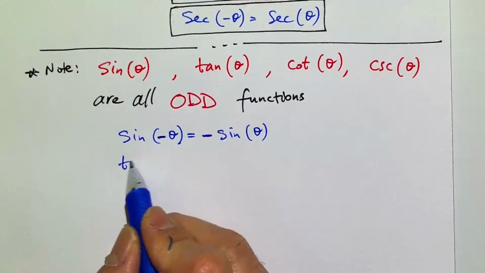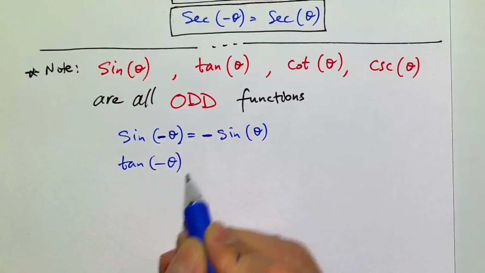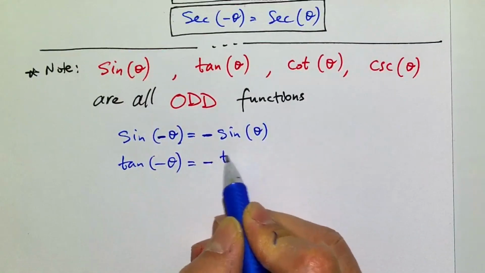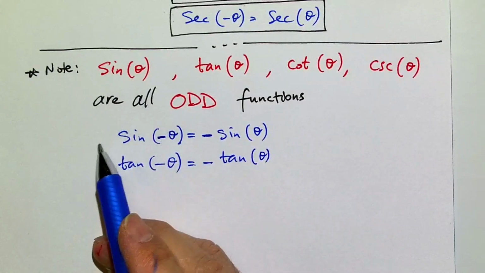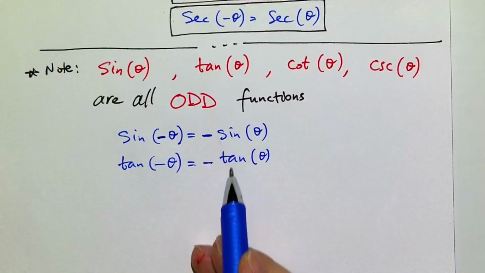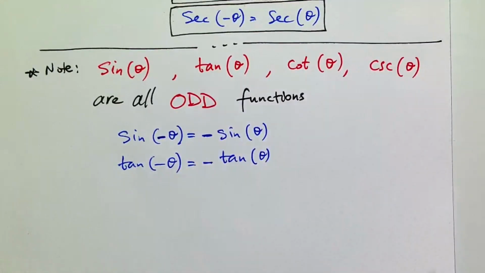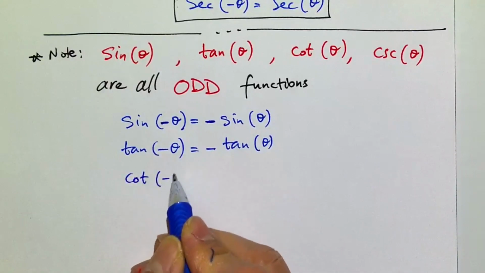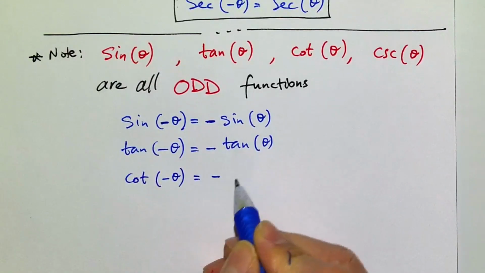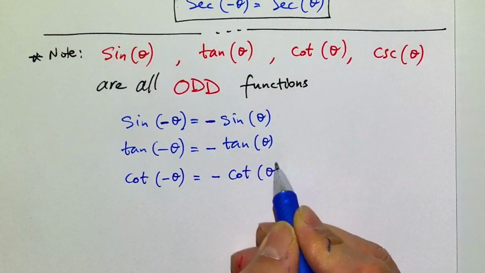Then tangent of minus theta is equal to minus tangent of theta. So you can take that negative out and put it in front for sine, tangent, cotangent, and cosecant. Okay? And then cotangent of negative theta is equal to minus cotangent of theta.